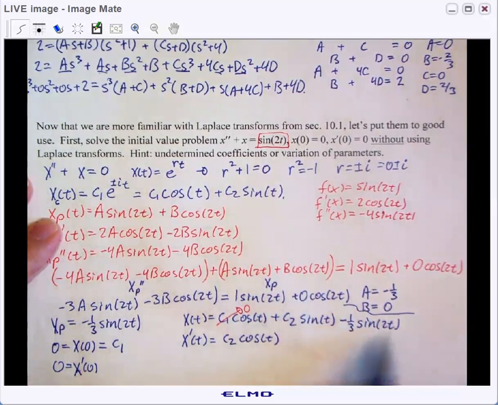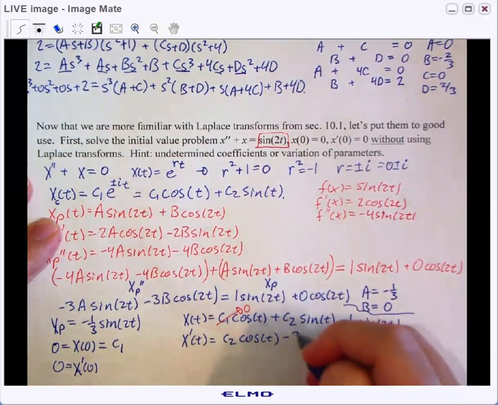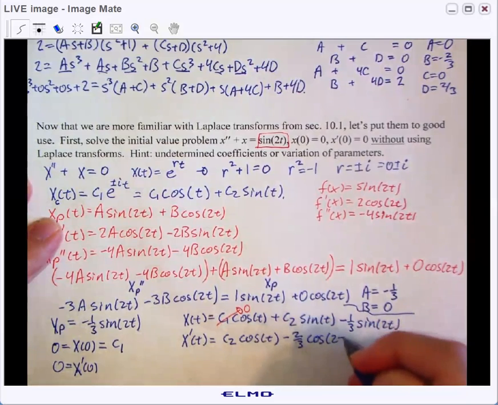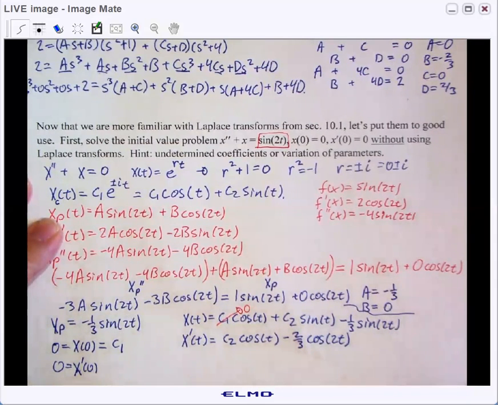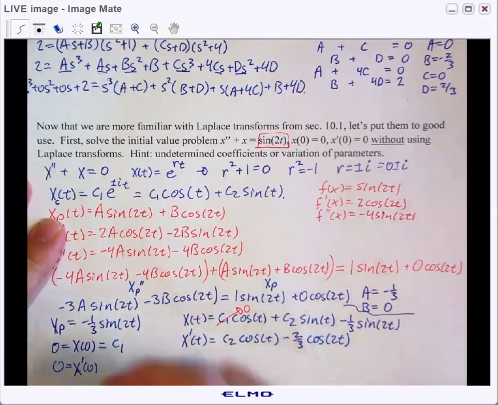And the derivative of this guy will be minus 2/3 cosine of 2t. And if we stick a 0 in for t, we're going to get c2 minus 2/3. So 0 equals c2 minus 2/3.